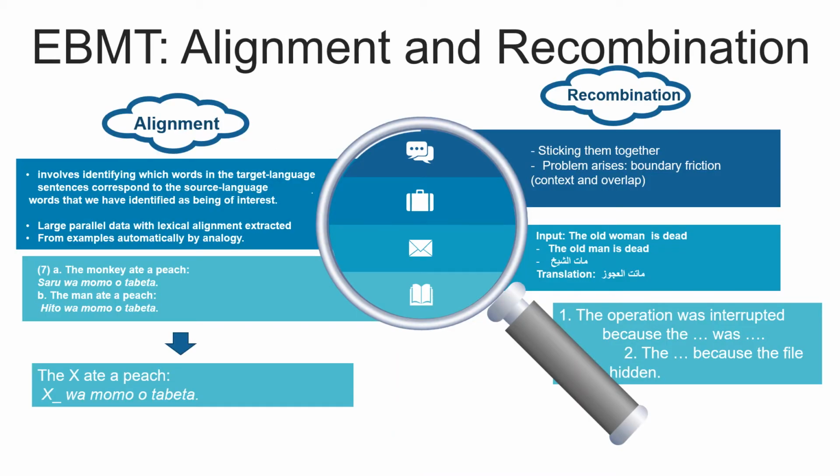Alignment. Alignment is similar to the notion of aligning parallel corpora in general, which involves identifying which words in the target language sentences correspond to the source language words that we have identified as being of interest. An obvious way to do this might be with the help of a bilingual dictionary, and indeed some example-based machine translation systems do work this way.